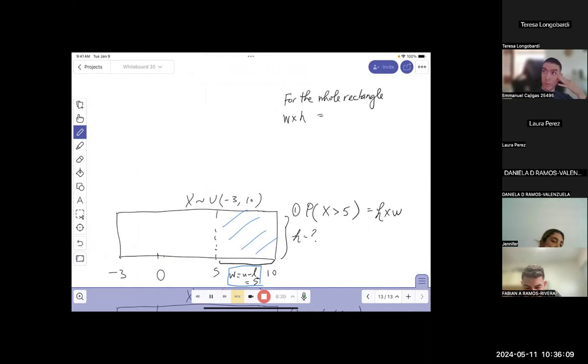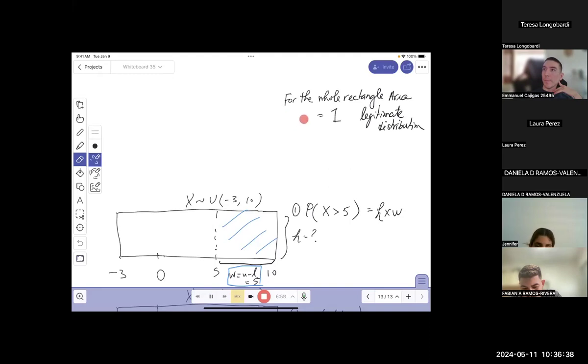Why should it be 1? Well, I'm assuming it's a legitimate distribution, right? And for a legitimate distribution, it should be 1.